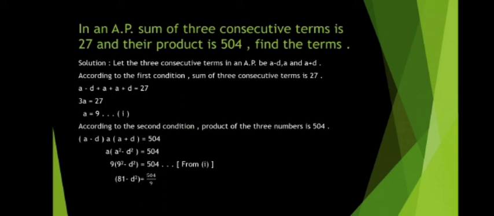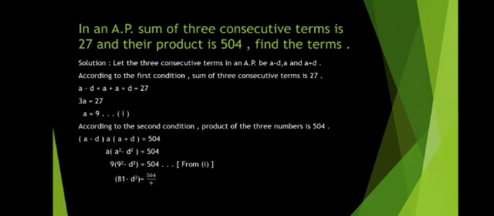So what will we get? A minus d into a plus d will be a square minus d square, multiplied by a, or you can say a into a square minus d square is equal to 504. We know the value of a is 9. So in this line wherever a comes, we'll write 9. So 9 inside the bracket 9 square, because a square is given, minus d square is equal to 504.